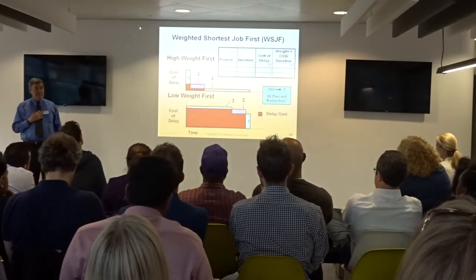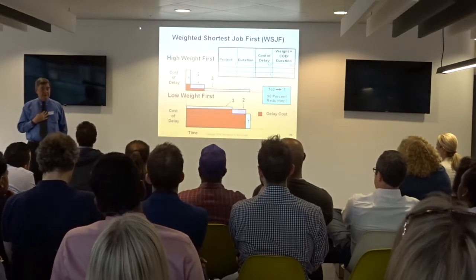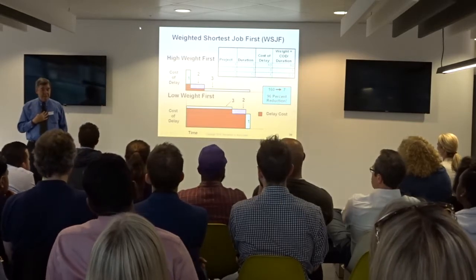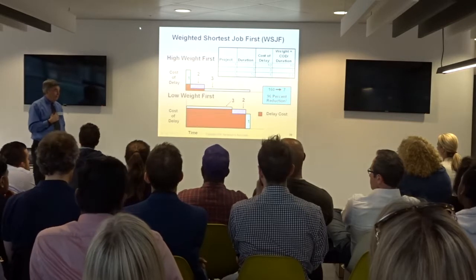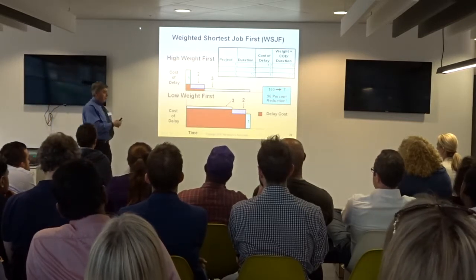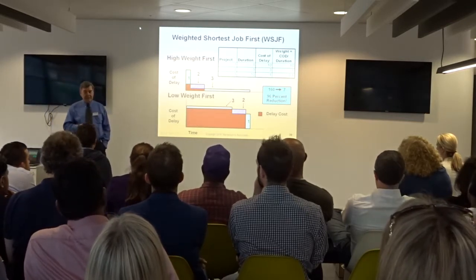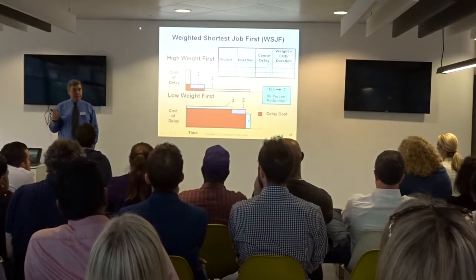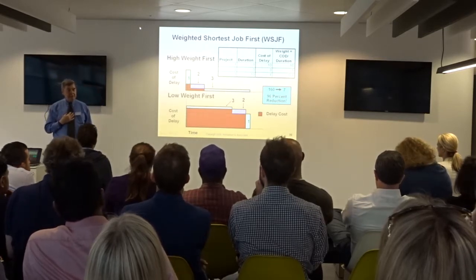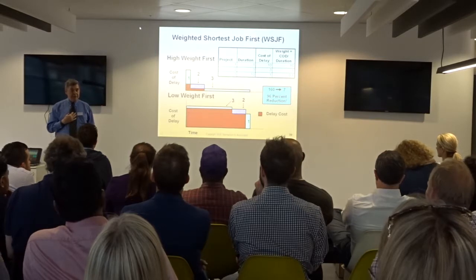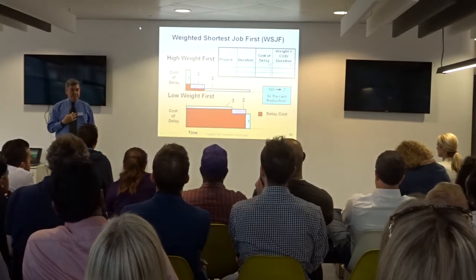And this is what originally caught Don Reinertsen's... Ian Leffingwell's interest in SAFe, because he said, you know, you're not changing the capacity of the system, you're not changing the demand on the system, you're not changing the average size of the queue, but you're getting a 96% reduction in delay cost. There must be something to this weighted shortest job first stuff.